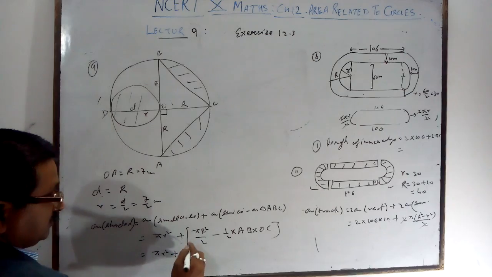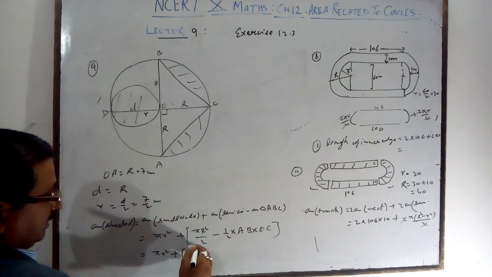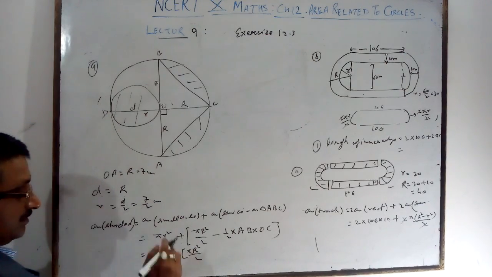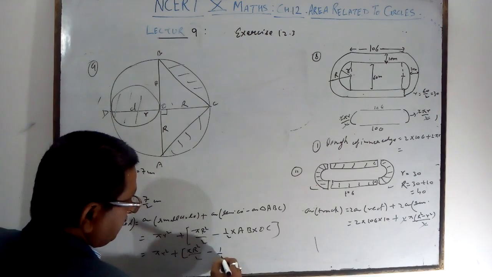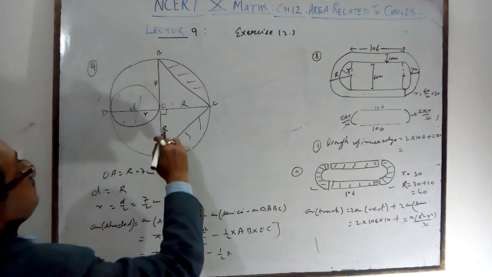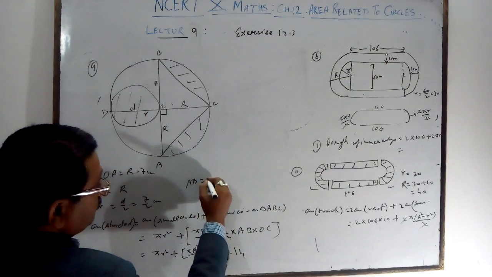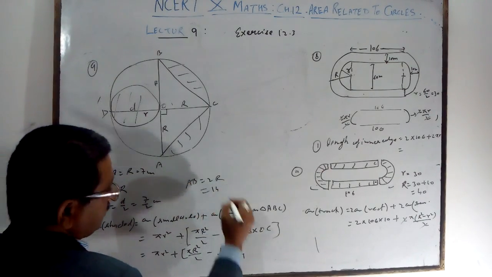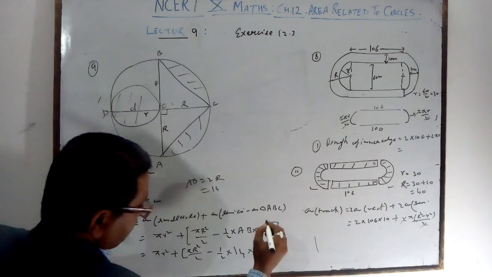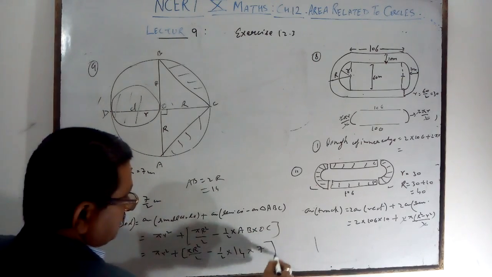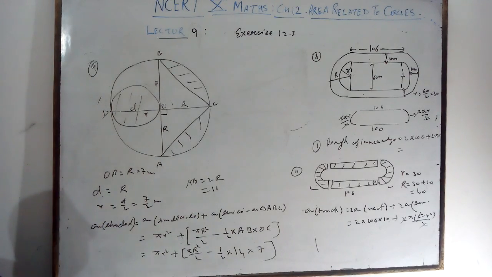Pi, capital R means 7, here 7 by 2, here 7. Minus half into AB. AB is 7 plus 7, 14. AB is equal to twice of capital R, that is 14, into OC is 7. This you solve and you will get the answer of the shaded region.